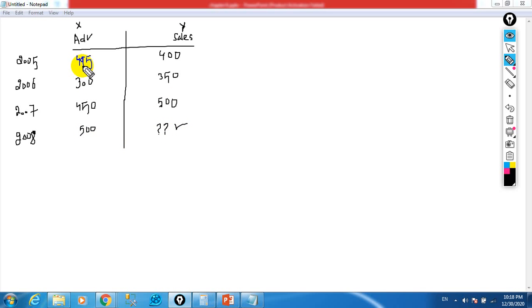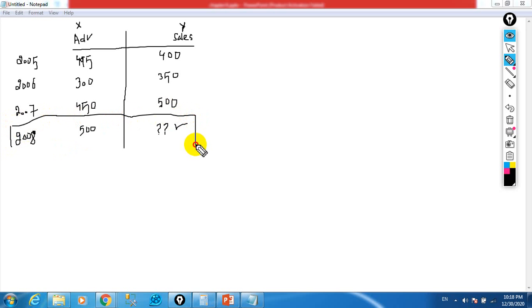If I do $495 of advertisement, what will the sales be? If I do $600 of advertisement, what will the sales be? If I do $450 of advertisement, the sale was $500. And next year, 2008, what will the sale be?